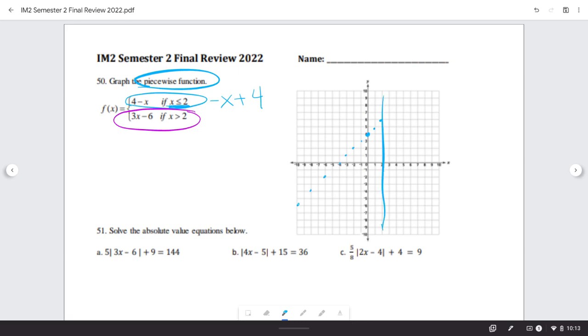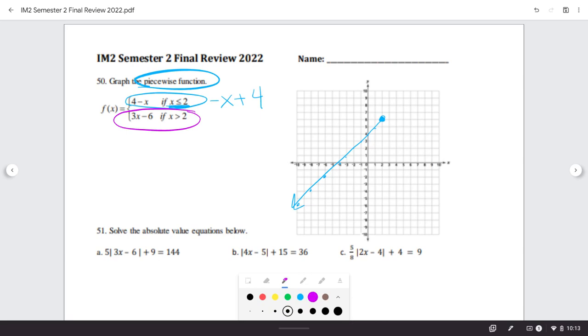This is 2. And it's a closed circle since it has a less than or equal to.